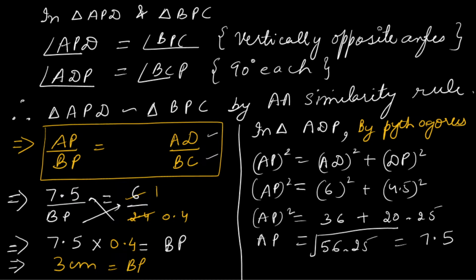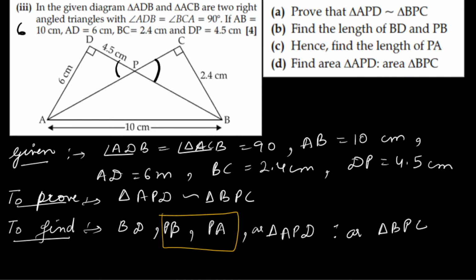So what is the next thing we have to find now? So length of BD we have to find. BP we have already found. So BD is what? BD, if you see full, BD is DP plus BP. So BD is equals to DP plus PB. Okay, so individually I'll write it here.